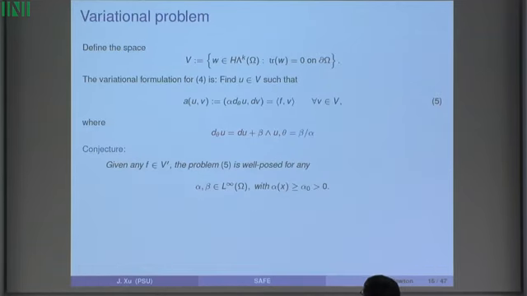So I call this one d theta, so theta equals beta over alpha. I actually had a conjecture: for any alpha which is bounded to be positive, but with no constraint on beta, this should be uniquely solvable.